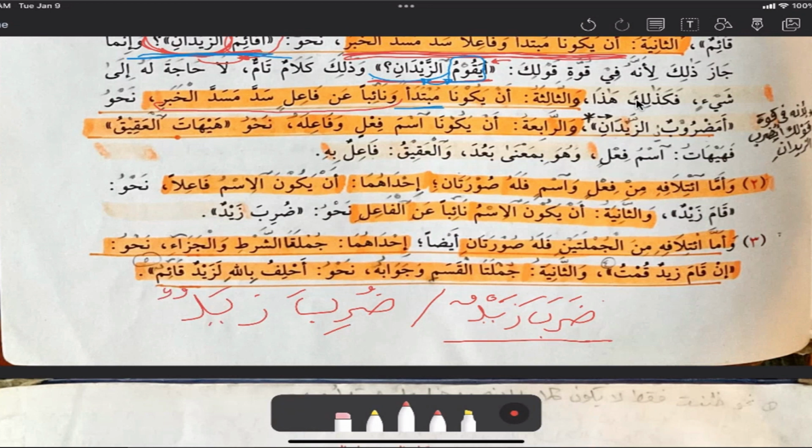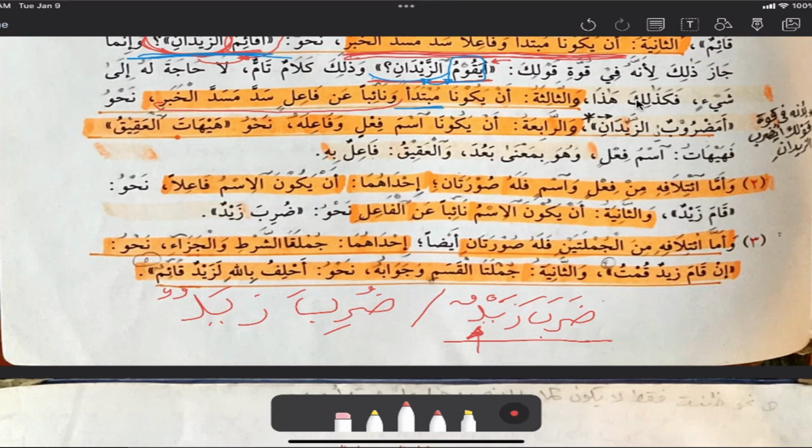So, in the first case, when you say daraba Zaydun, an active voice, then Zayd is called fa'il, doer. He's a doer. He's the one who did the striking. And doer here, though, means it's the subject of the sentence. Every doer of a verb is the subject of a sentence.